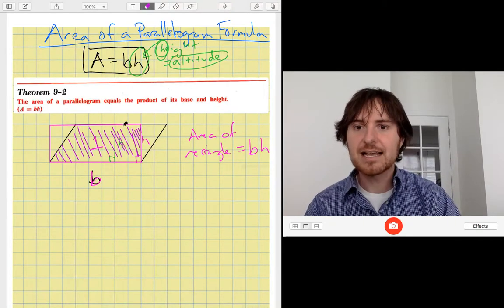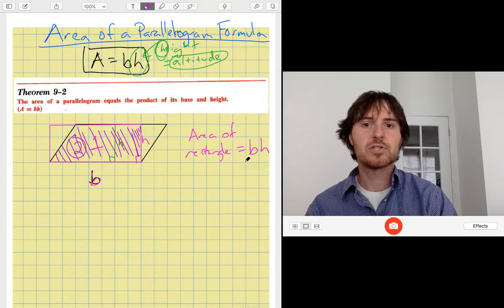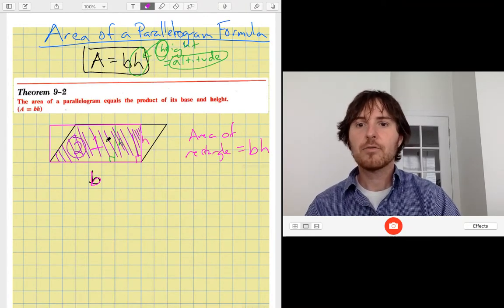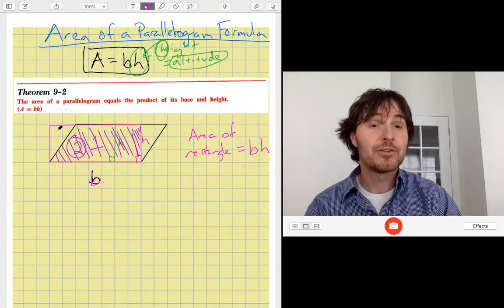I want to call this region 2. We can think of this area of the rectangle equals base times height. The area of region 2 is everything except for that rectangle right here, this triangle that's up here.